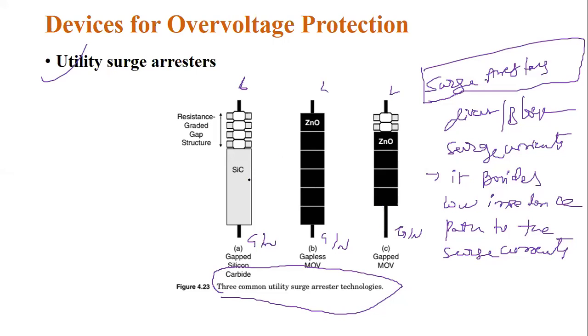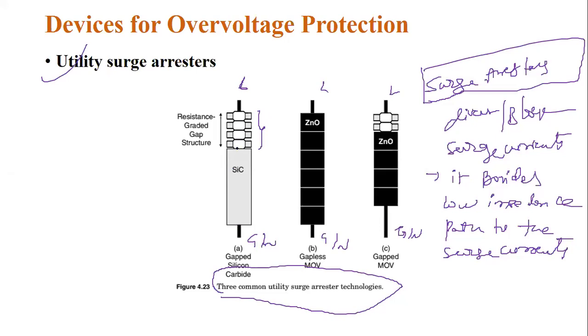To minimize the sparks that are produced in the system, or to minimize the large amount of surge currents, you are using some resistors. You know those resistors. So the gap we can create.